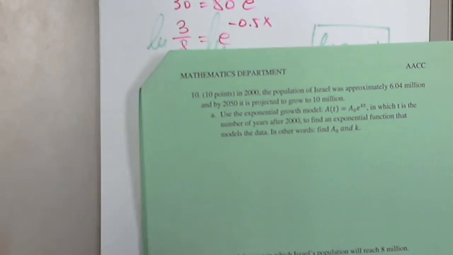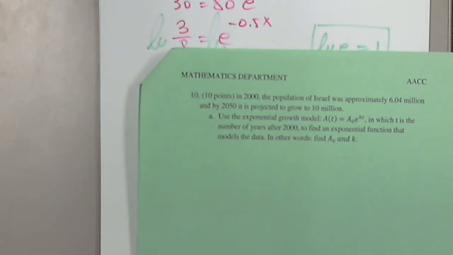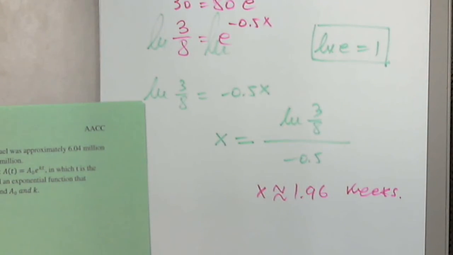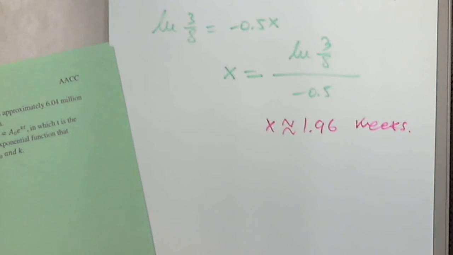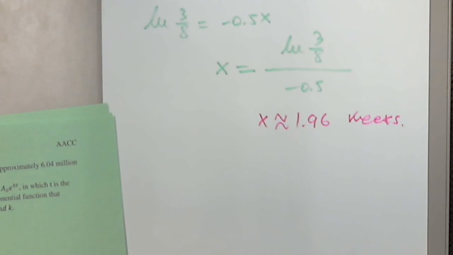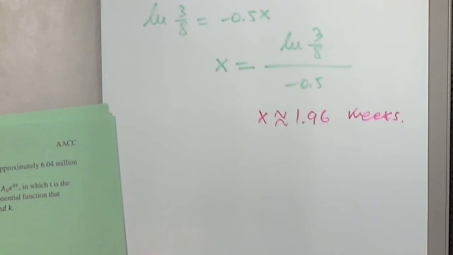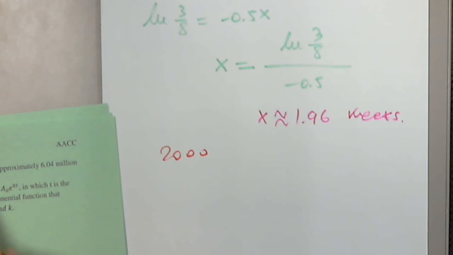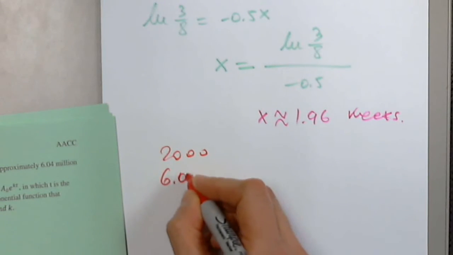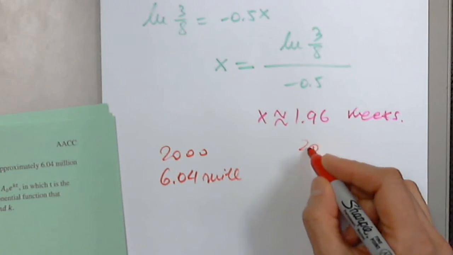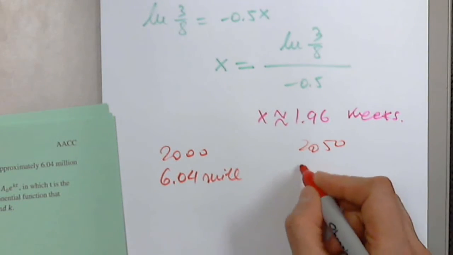So this is the last problem in this test. Let's read it and see what it's asking us to do. When I read a problem, I take notes. In the year 2000, the population of Israel was approximately 6.04 million, and by 2050 it's projected to grow to 10.